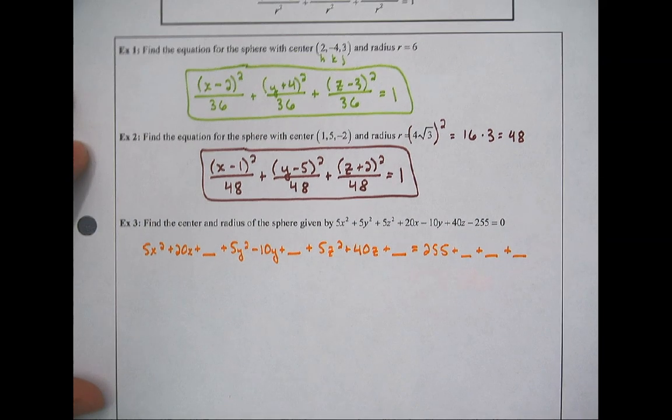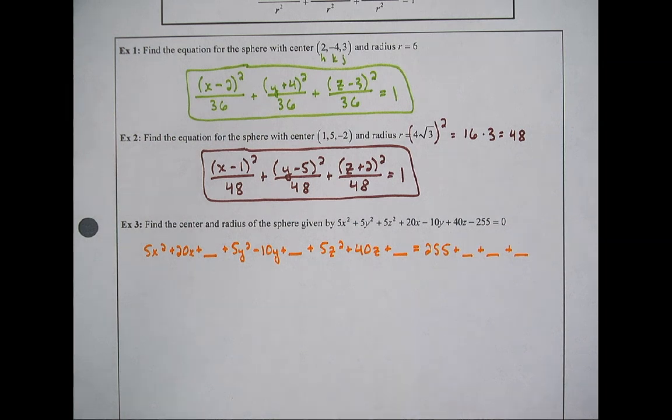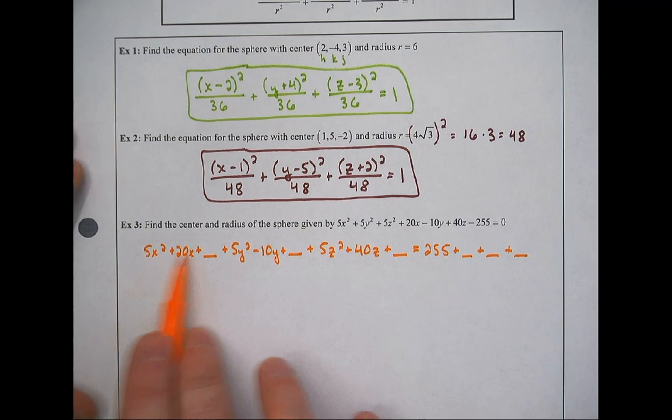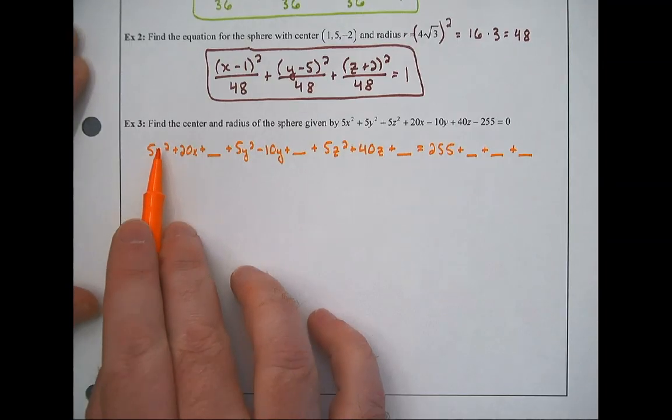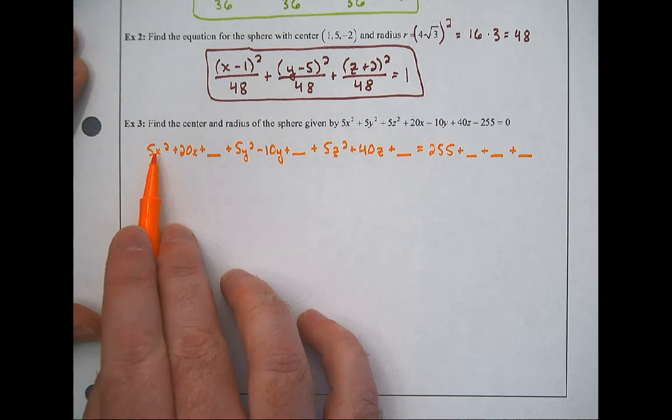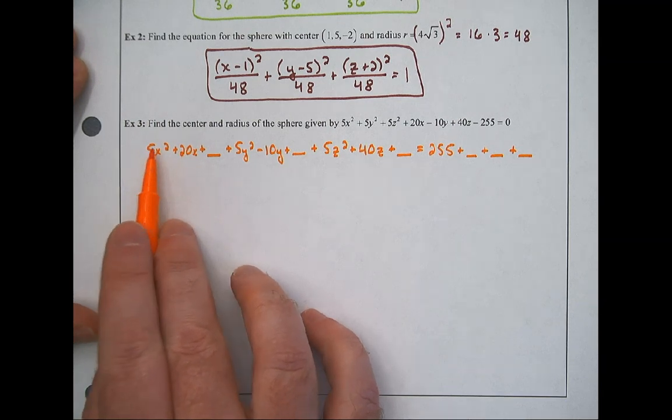Now, the second thing you need to remember is that we cannot complete the square unless this coefficient is a 1. So I now need to factor out a 5.